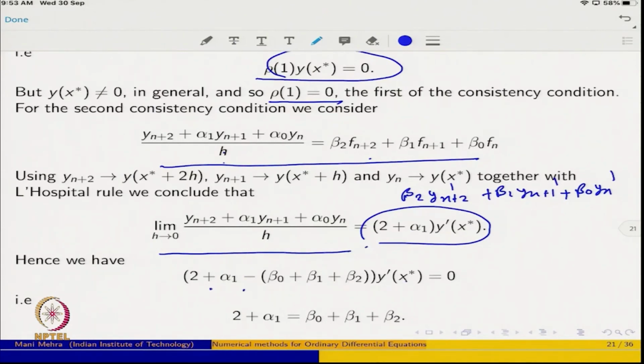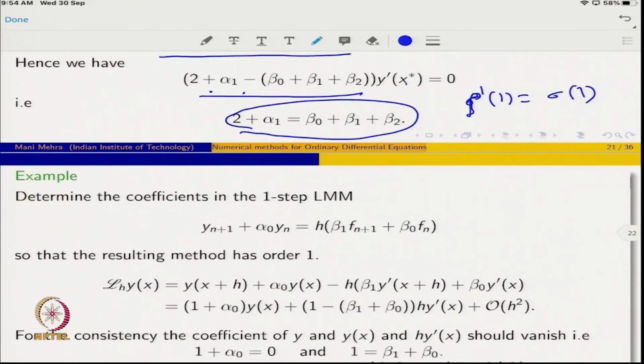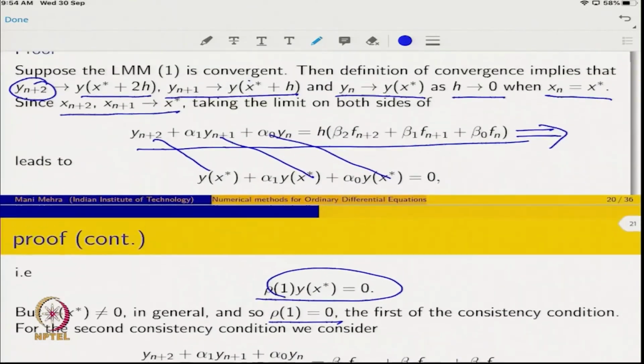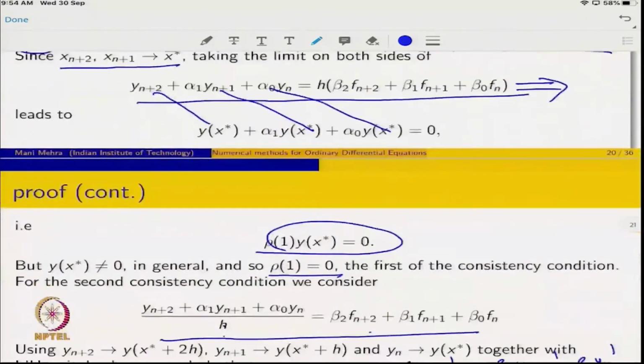If you use the definition of convergence, we can rearrange the terms in the following way and we end up with this, which is again the second consistency condition, because 2 plus alpha 1 is basically rho dash 1 is equal to sigma 1, which is this second consistency condition.